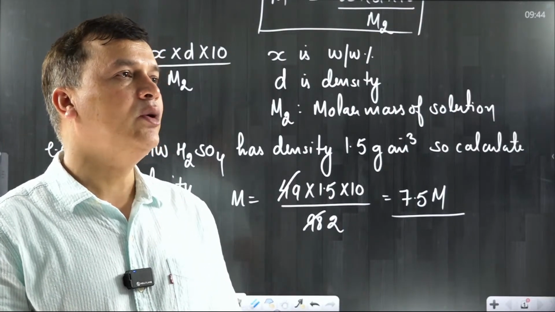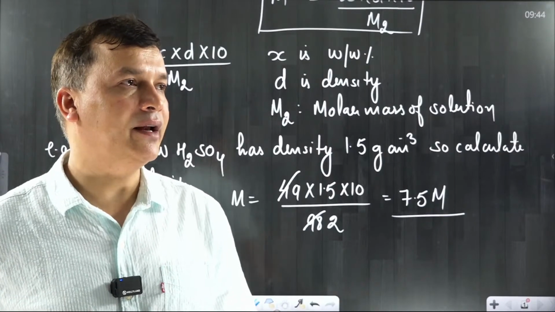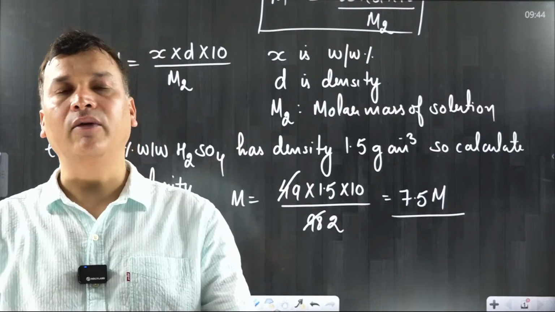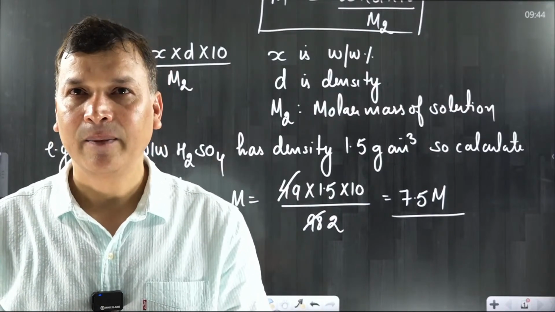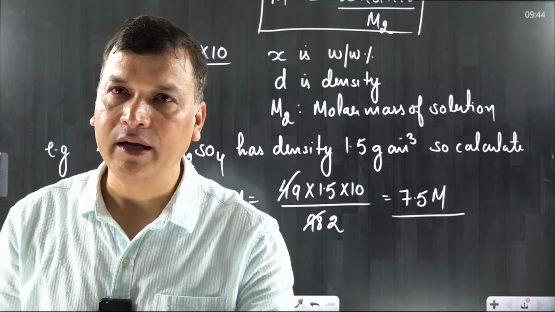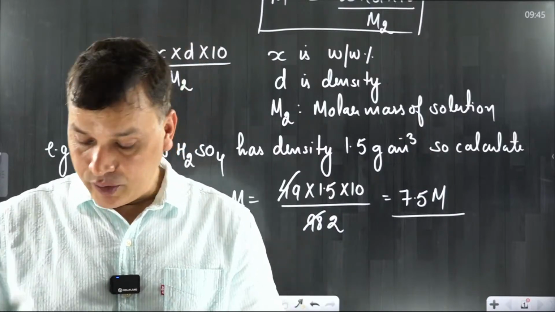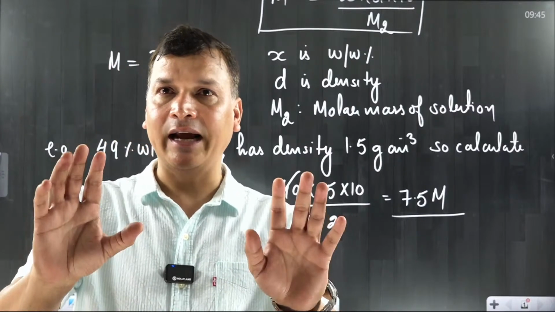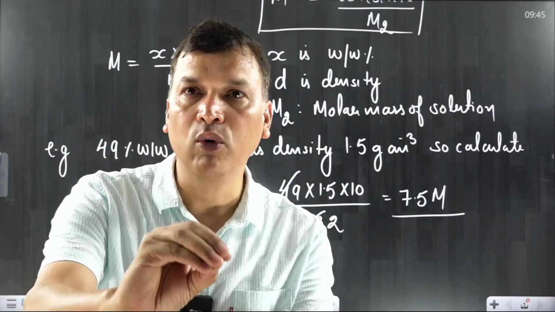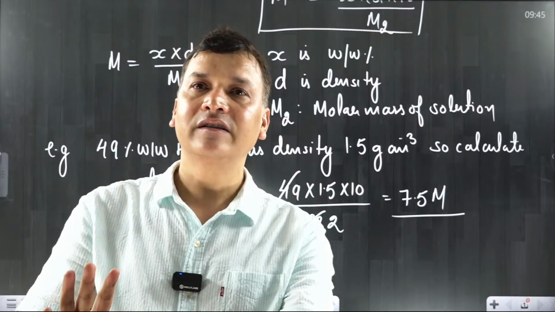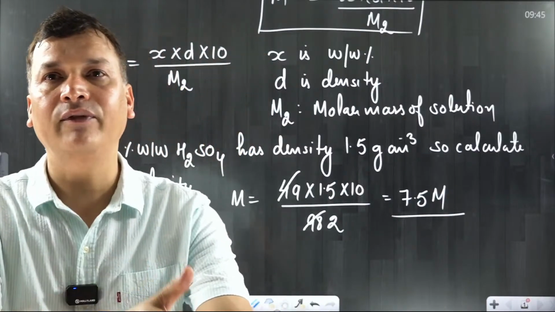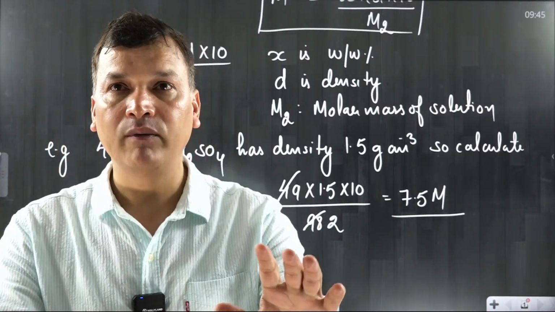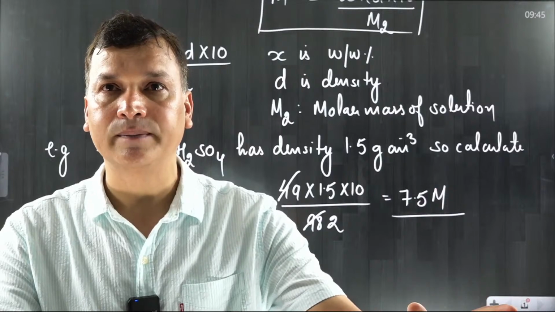Okay. So what I told you about the molarity: number of moles of solute dissolved per liter of solution. Is that clear? Then we apply this molarity on dilution. Dilution, I told you, is addition of solvent. Since we are adding solvent only, number of moles of solute will remain same before dilution and after dilution. Then we apply this molarity in mixing of two or more than two solutions.